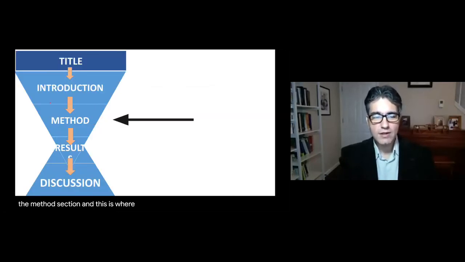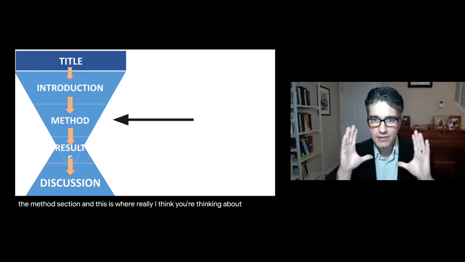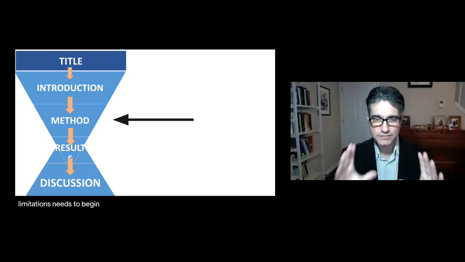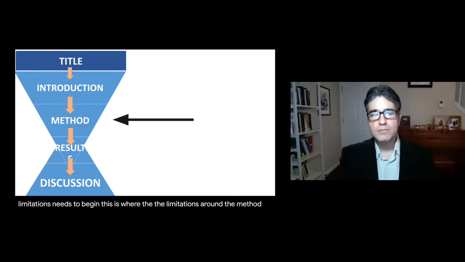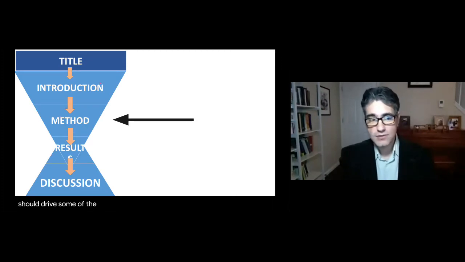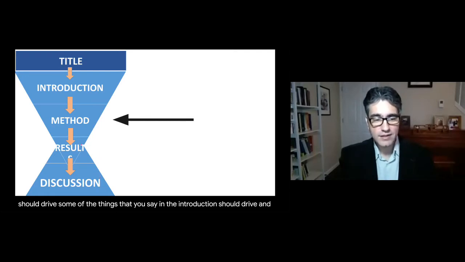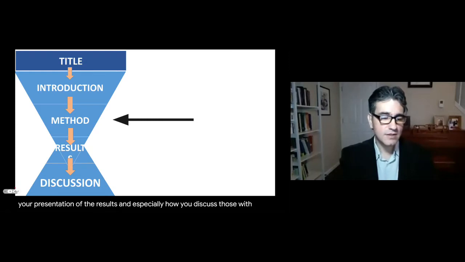And this is where I think your thinking about limitations needs to begin. This is where the limitations around the method should drive some of the things that you say in the introduction, should drive your presentation of the results, and especially how you discuss those results.